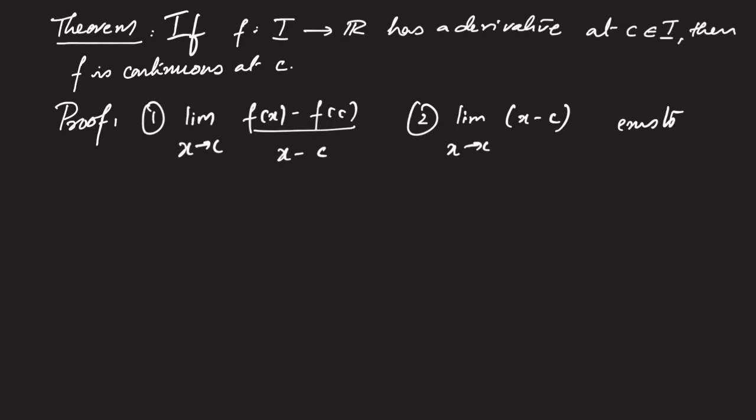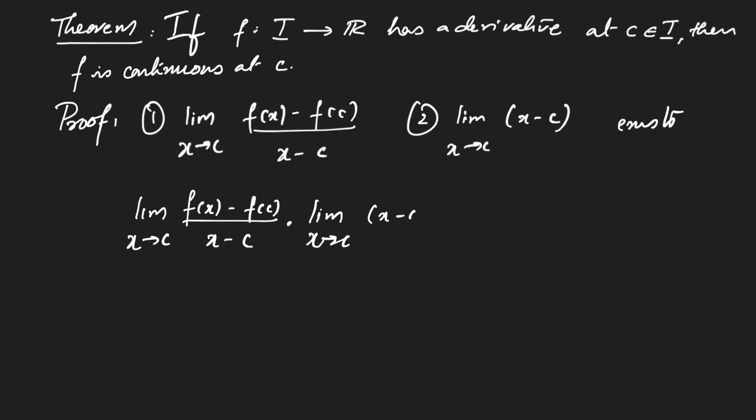So because of this, we get that the limit as x tends to c of (f of x minus f of c) by (x minus c), into the limit as x tends to c of (x minus c), is equal to the limit as x tends to c of (f of x minus f of c) divided by (x minus c) into (x minus c).